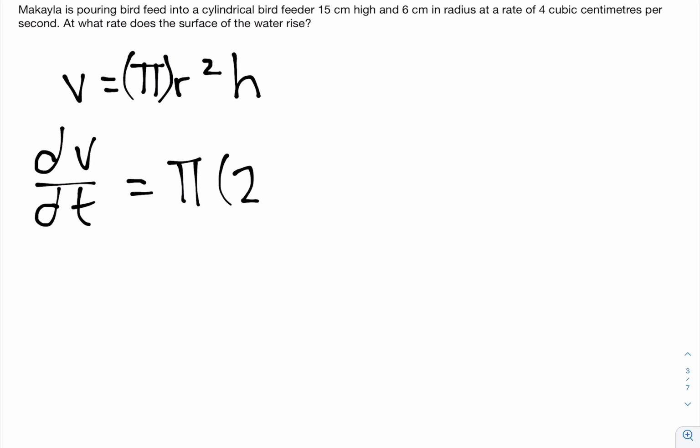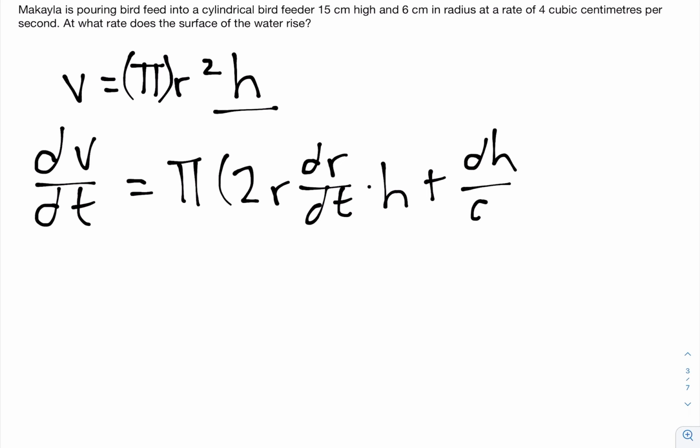So that's going to be 2r dr by dt times h, because this is the product rule. We differentiate one thing, multiply it by the original other thing, and then we add the derivative of the other thing, so dh by dt times the original first thing. So this is going to be times r squared.